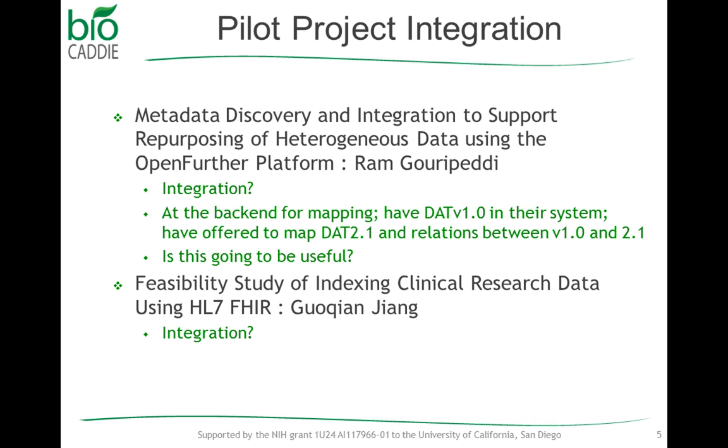To the second bullet, is this going to be useful? Is it something that we want to integrate into our pipeline is the question, because I think Jeff probably has a better understanding. It's a question of priorities, right? Right now we have 2.1, and it's very stable.